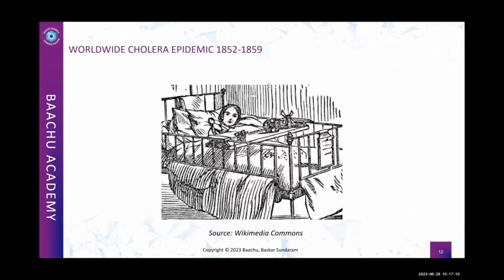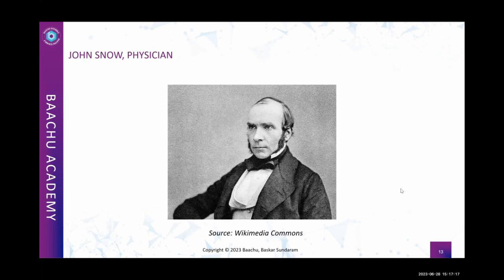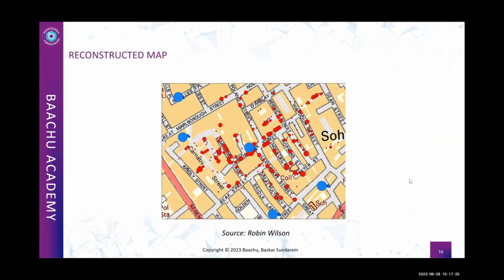So this was 1850s cholera. And what happened then? John Snow, a physician, was given the task to say, hey, cholera is happening, and I just want you to fix it, cure the people. And what he did is amazing. He realized cholera is spreading a lot, and cholera is an infectious disease.